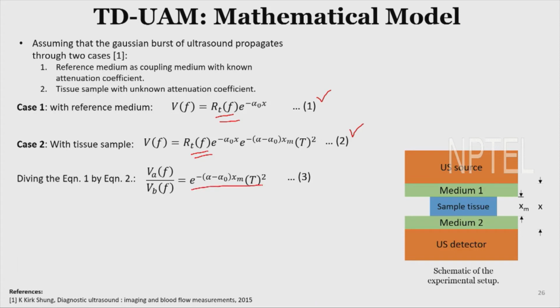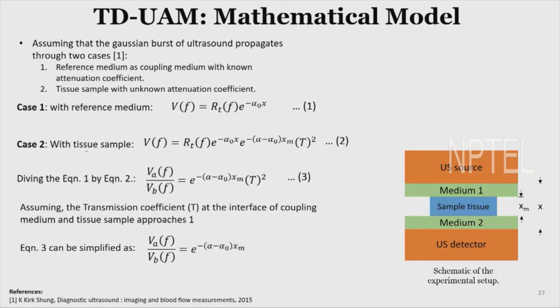We have only the exponential of minus alpha naught xm times the transmission squared. The transmission coefficient we can assume to be 1, in the case where we assume that the acoustic wave propagation is transmitted completely from medium 1 to the sample tissue, and from the sample tissue to the medium. This is an assumption.